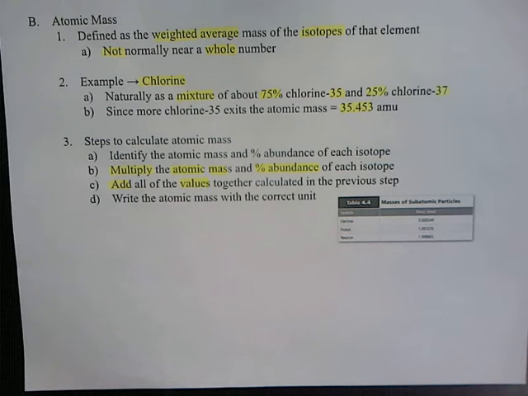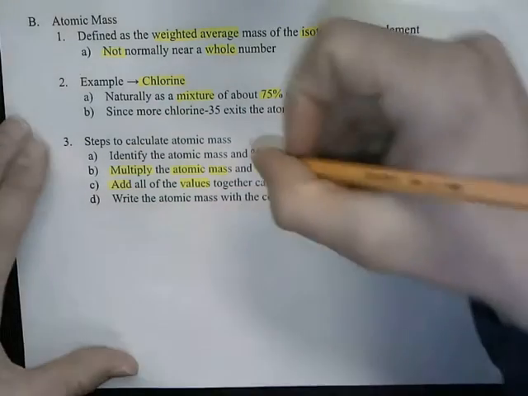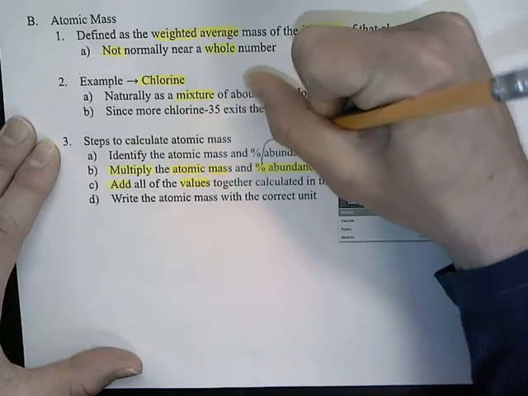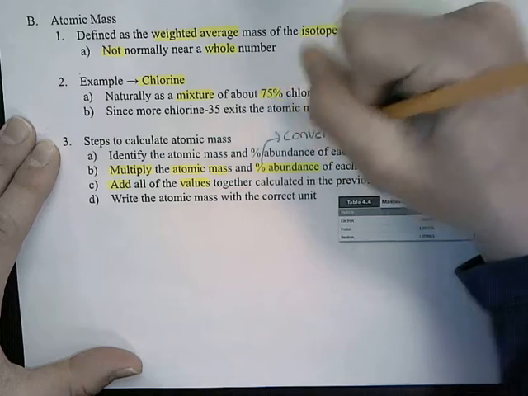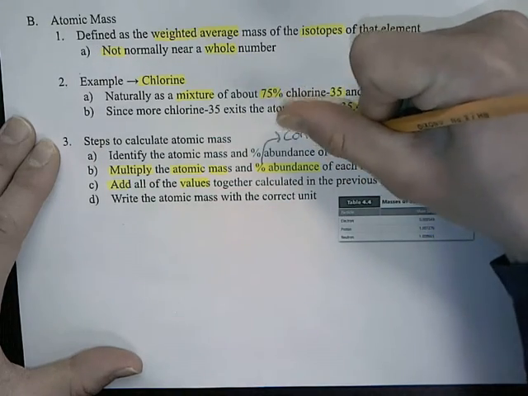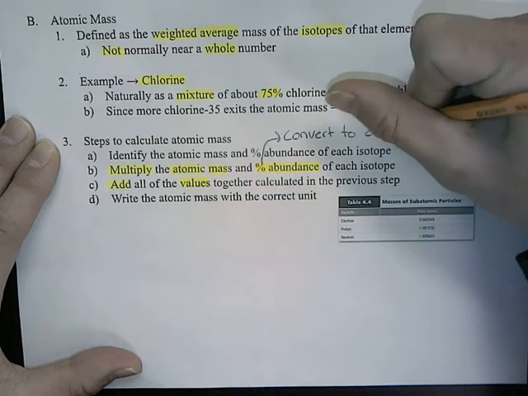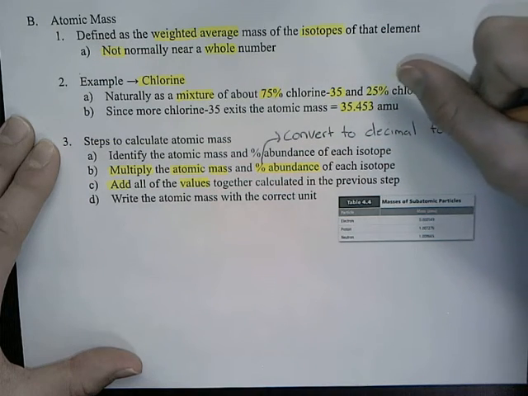We need to multiply the atomic mass and the percent abundance of each isotope. But I want to add in a step here, and that is you need to convert this percent abundance to decimal form. Okay, that is very important.